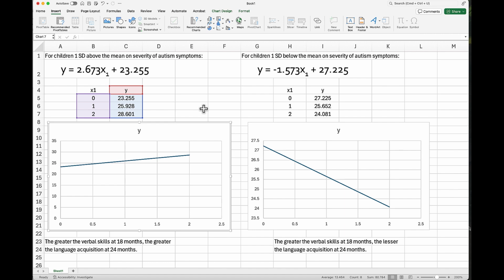And the other thing I'll mention is that if we're following the Aiken and West book most closely, we're probably doing a third graph for children at the mean as well, just so we can contrast them too. So it'd be 3 graphs instead of 2, but in your assignment I'm only requiring 2 graphs, so that's what I did here. And it gets you going. It gives you the idea of what might be required in this situation.